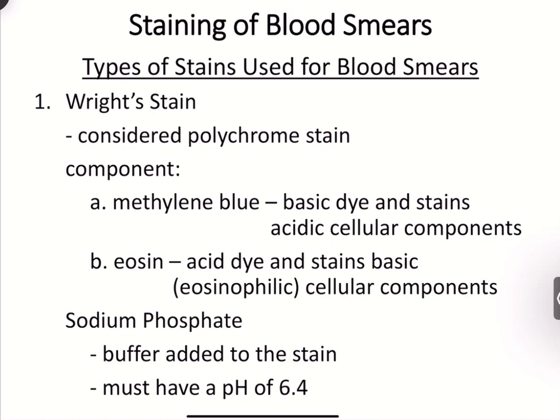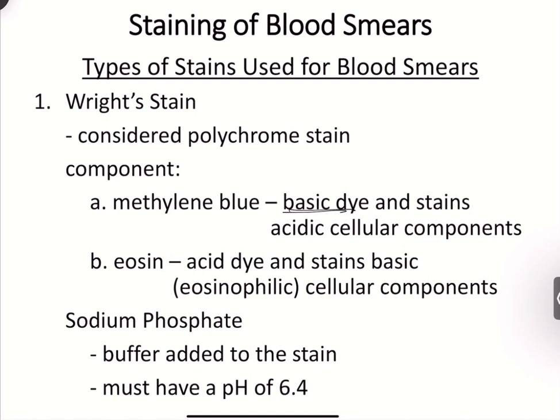Methylene blue acts as the basic dye to stain the acidic components of your cell. What are the acidic components of the cell? Your nucleus, RNA materials. These will be stained by methylene blue. That's why the nucleus of your WBCs is seen as blue.